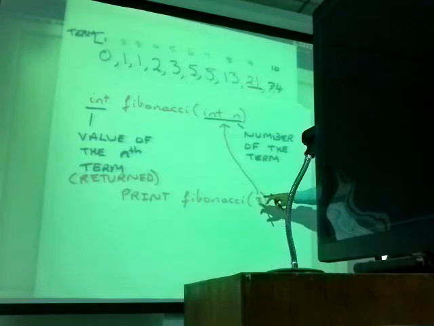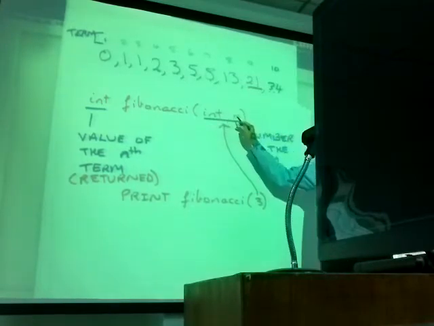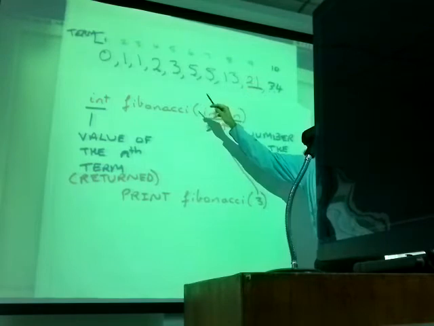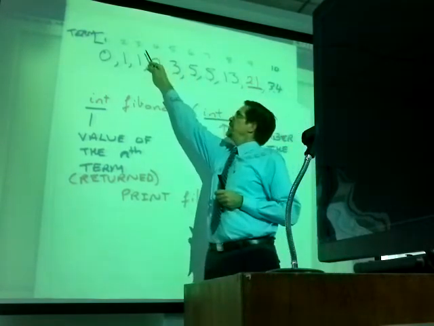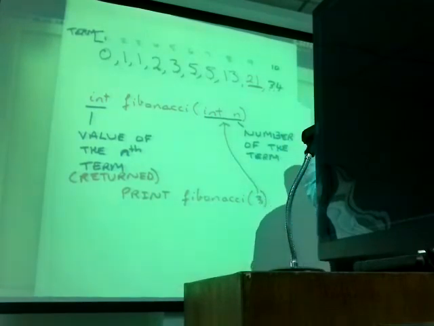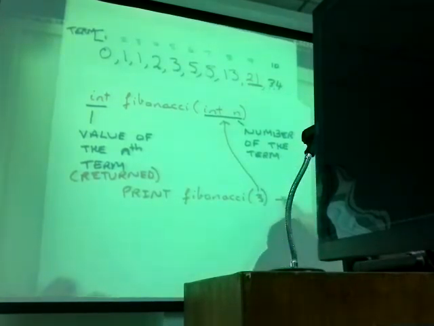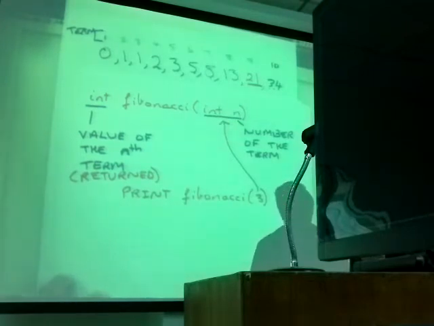So 3 is the number of the term, so term number 3, and the value to be printed would be 1. Right? Term number 3 is 1.